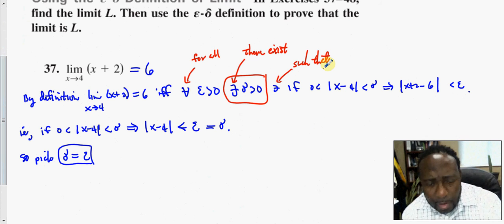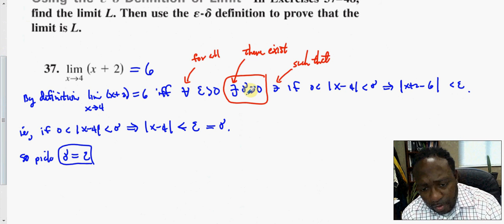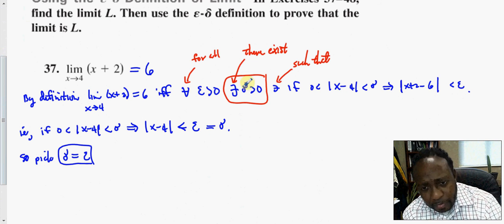So the strong predicate here is the existence of a term. The existence of the term is predicated on if for all epsilon positive. So for any positive value, can we find a suitable delta?